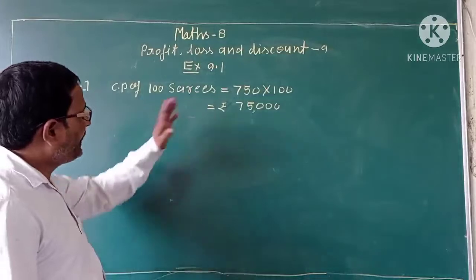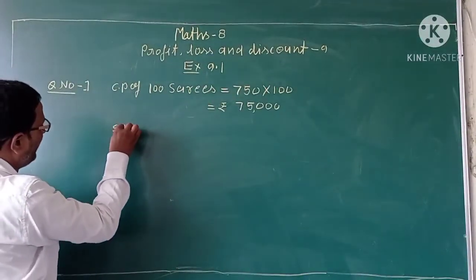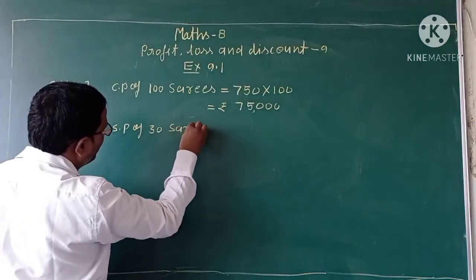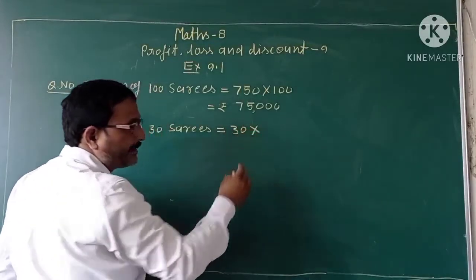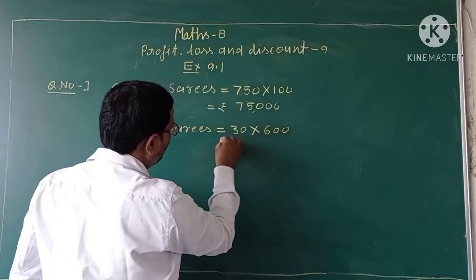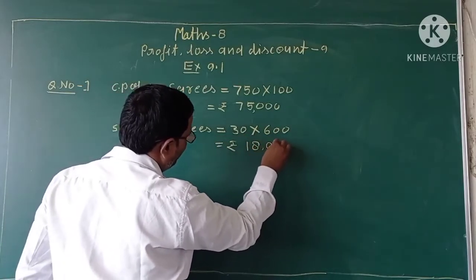He sells 30 sarees. SP of 30 sarees is 30 into 600 rupees each, that is 18,000.